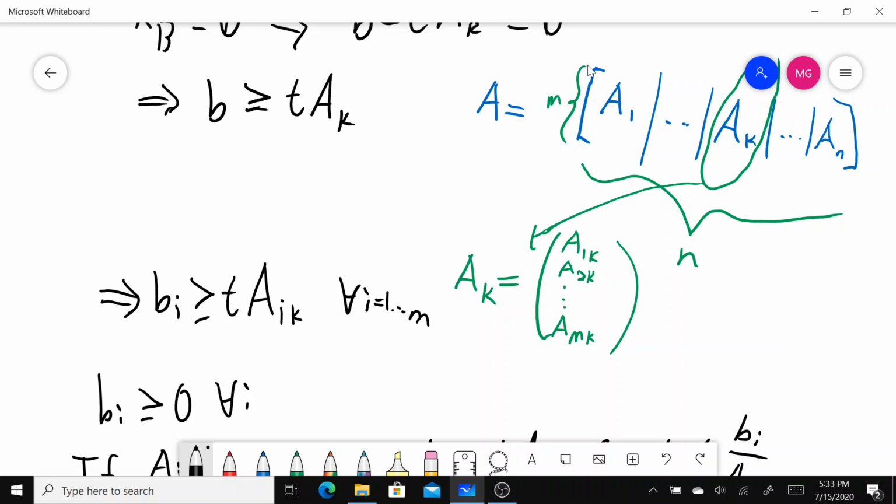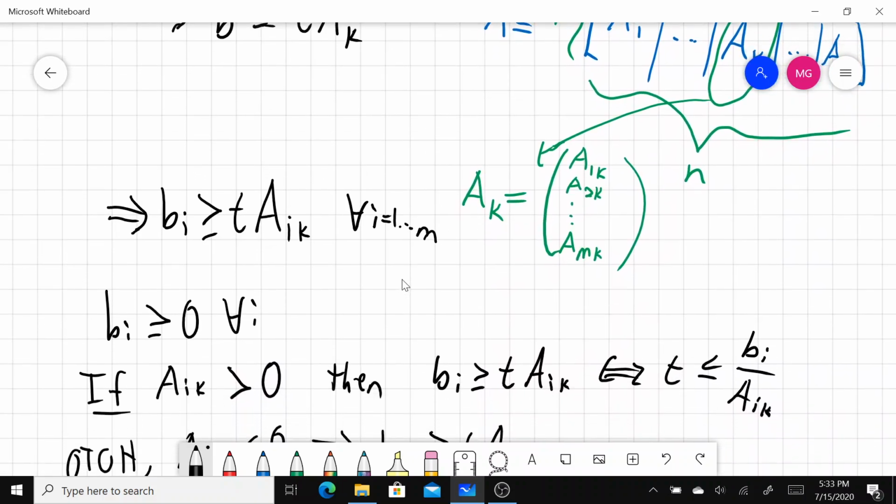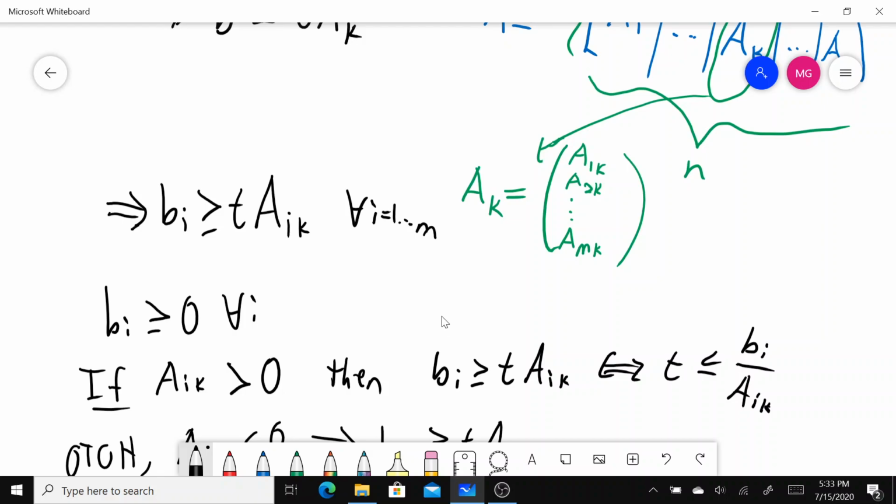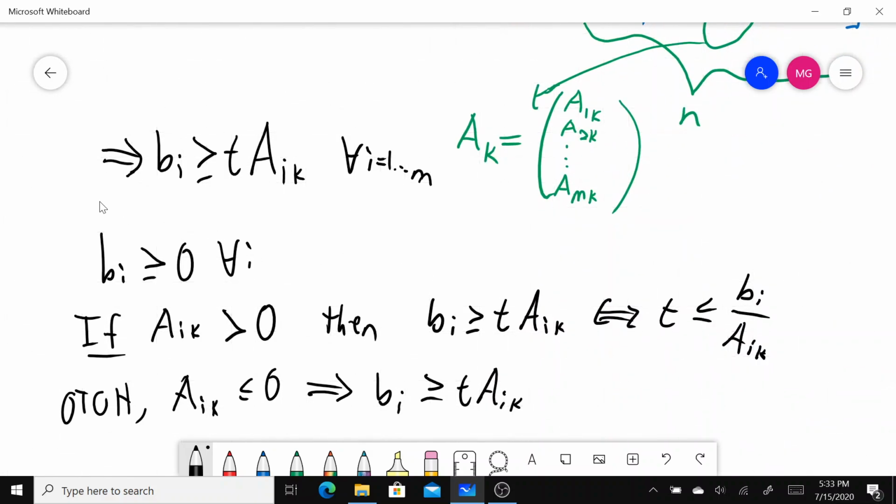So anyways, we need this bi to be greater than or equal to t aik for all row indices i. So i is iterating down the rows here. For every row, there's an index i. And you need that to be true for all row indices i, equals 1 to m. But we already know bi is greater than or equal to 0 for all i. So in other words, the left-hand side is non-negative. And that's because, if you think about what it means to have a basic feasible solution, x bar is a basic feasible solution.